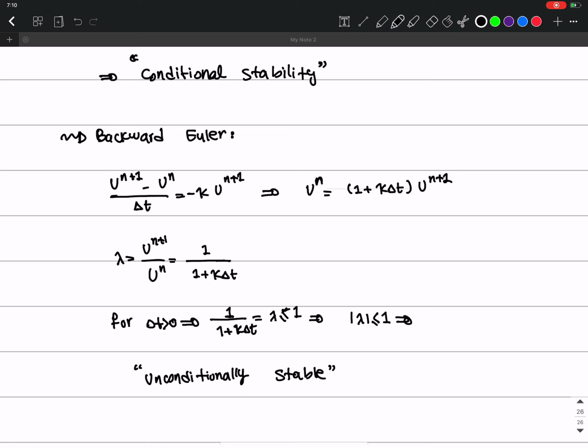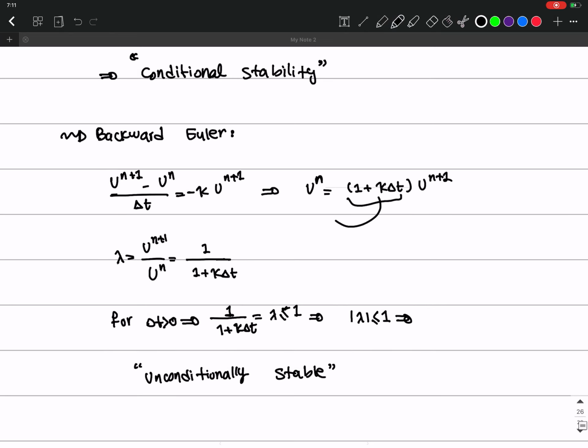So backward Euler, what was the advantage of backward Euler? The disadvantage is, as you see here, for this problem it's not that difficult because we can simply put this here, but in other problems it can be more complicated. For example, if this is your f of u, then you need to know f at u^(n+1), but you don't know that, right?